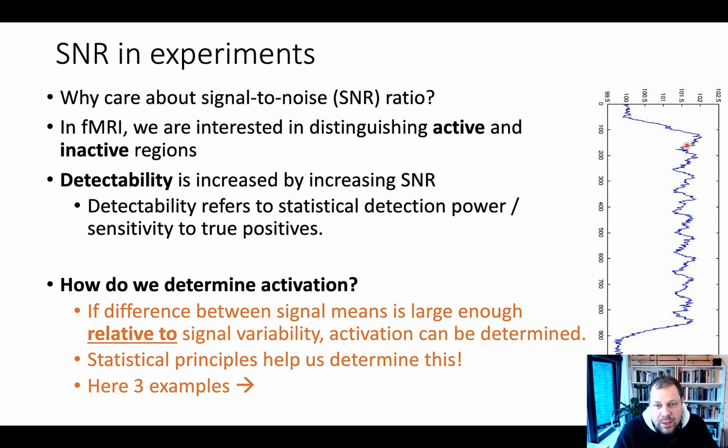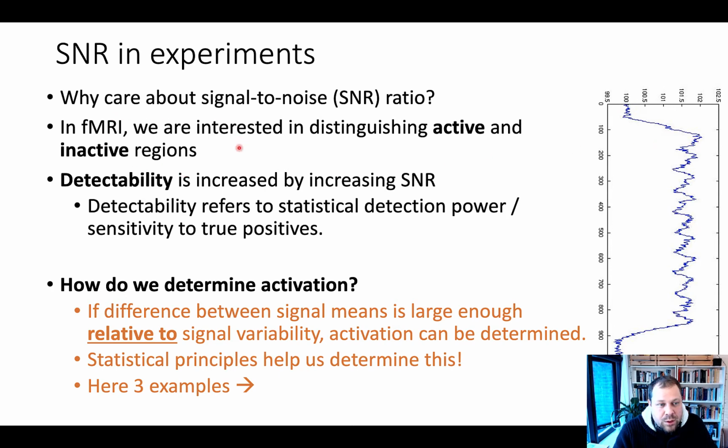So this would likely be an active region because it shows these rises and falls in signal that likely go along with some task component that we're interested in. And you can see the noise component when it's at plateau. You can see that there's still some zigzaggedy events happening, and those are related to noise in this case.